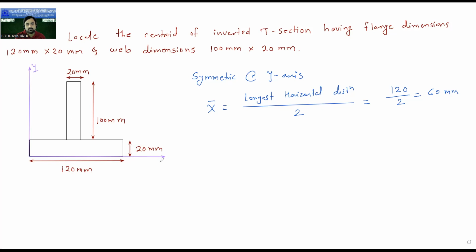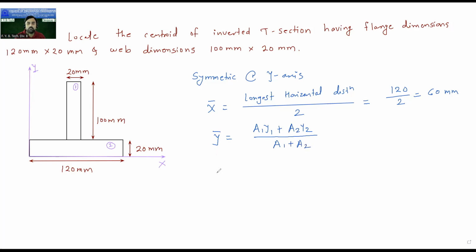Now I will call this first figure the first area, a1, and this rectangle the second area, a2. Now we know the formula: y bar is equal to a1 y1 plus a2 y2 divided by a1 plus a2.